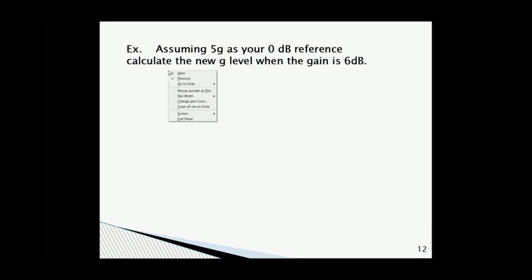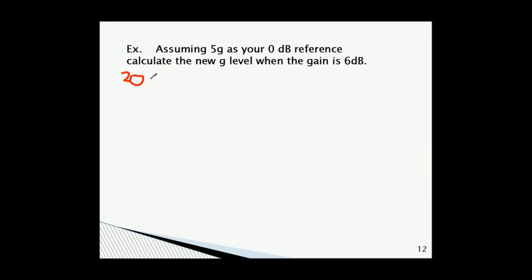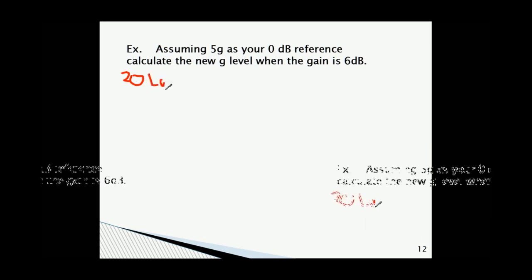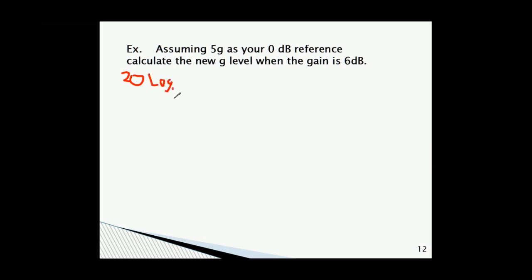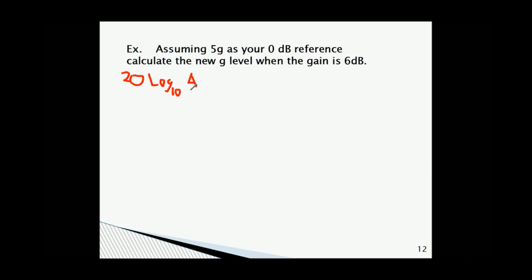So let's go ahead and write down the formula that we just saw in the previous slide, which was 20 times log base 10 of A1, which was the response of our input, over our response A naught.